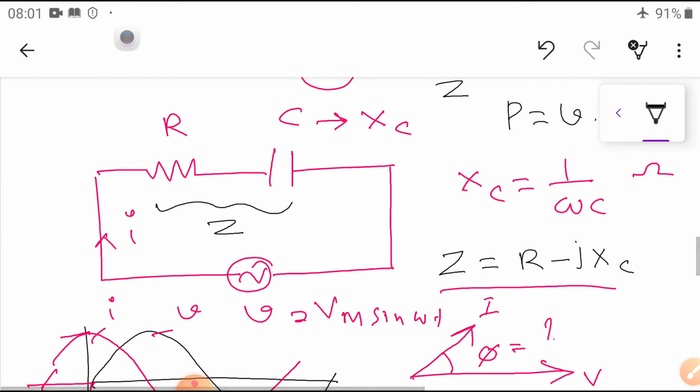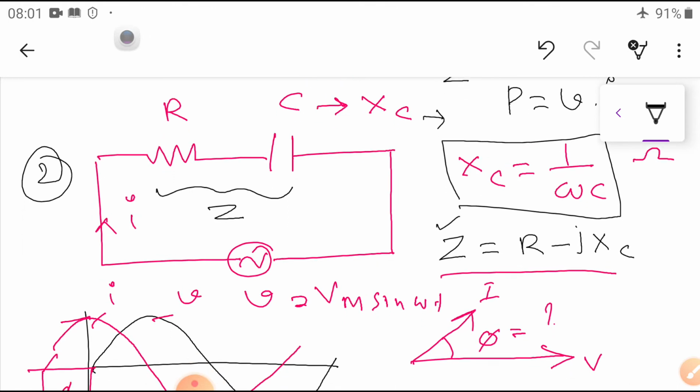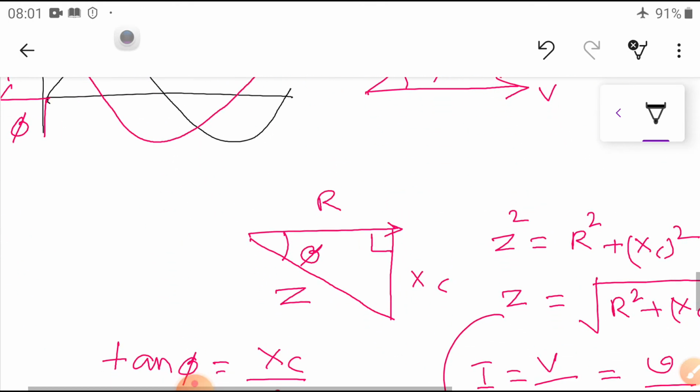In the second case, I connected resistance and capacitance. Here the capacitance connected has XC, the capacitive reactance. What is the capacitive reactance? This is the formula. If you know the capacitive reactance, I can easily calculate Z. If you know Z, I can calculate the current.